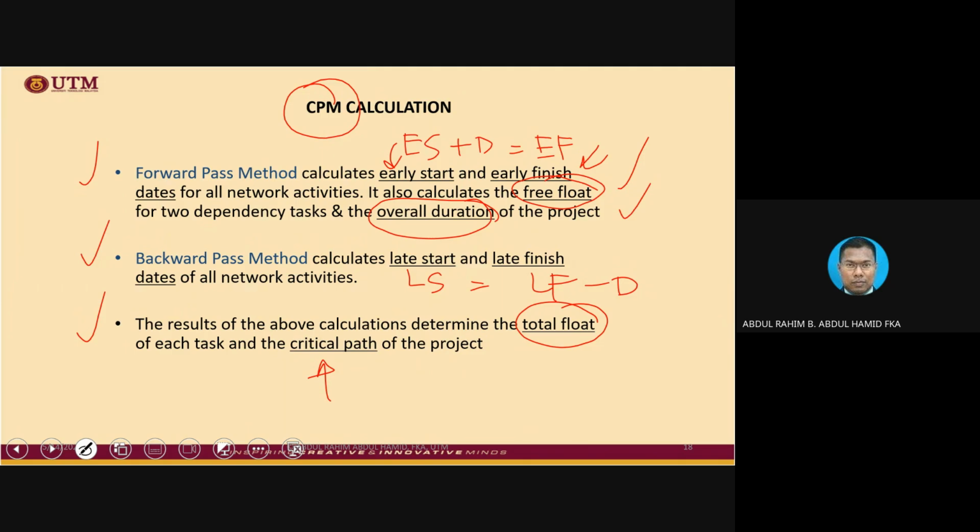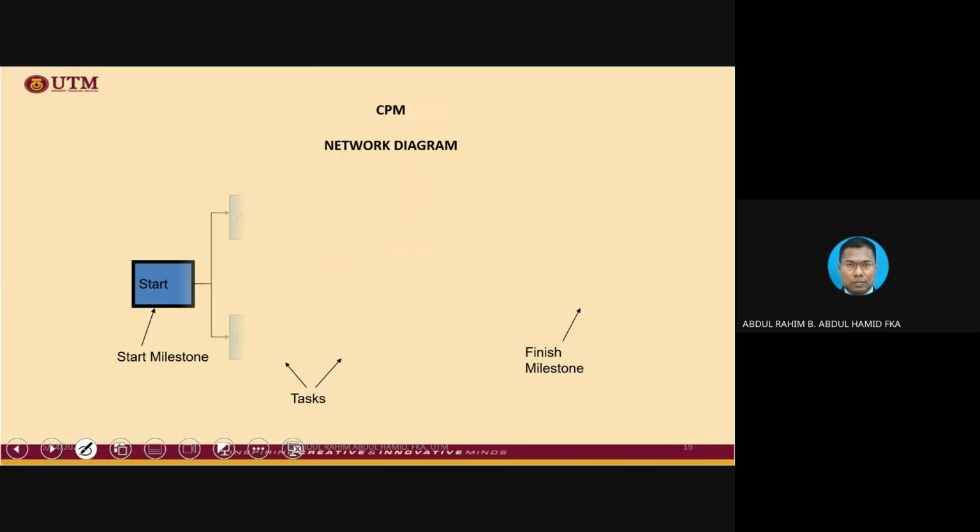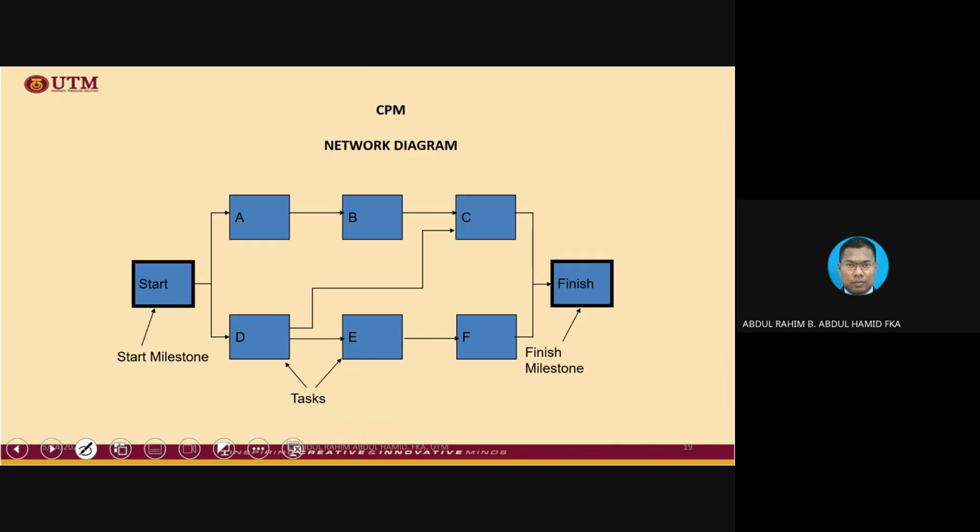The critical activities are those where the total float is equal to 0, and when critical activities are connected together, they form what we call the critical path. So this is a typical AON diagram, or PDM diagram, whereby you notice that each activity is put inside the node.